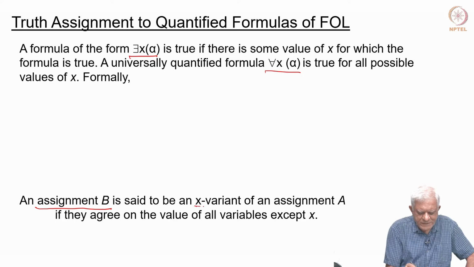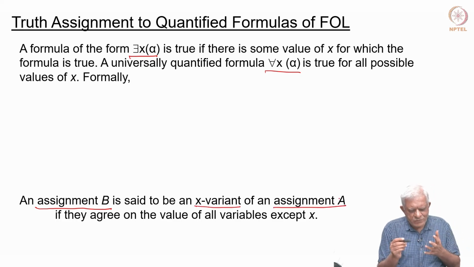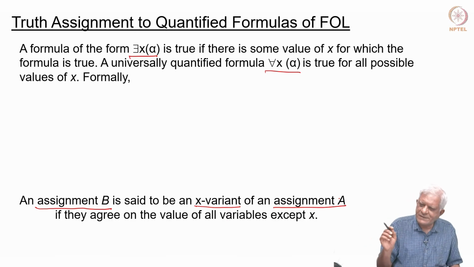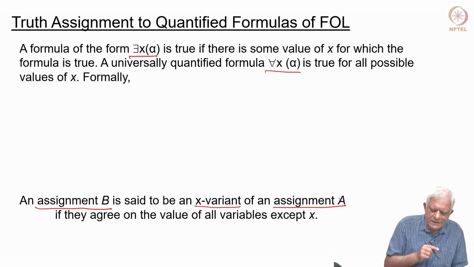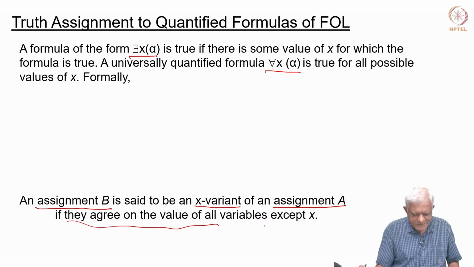We say it is an x variant of an assignment A if these two assignments, which are functions from variables to elements in the domain, map all variables to identical elements except for this variable called x. So, that is why we say it is an x variant essentially. So, if they agree on all variables except x.